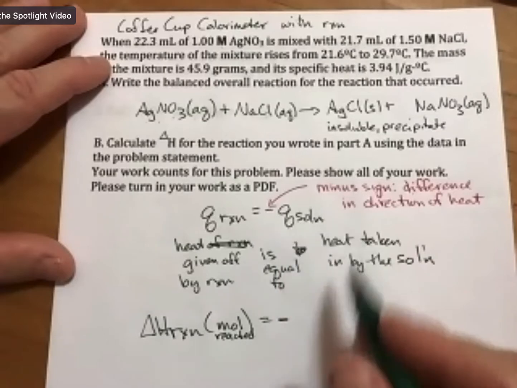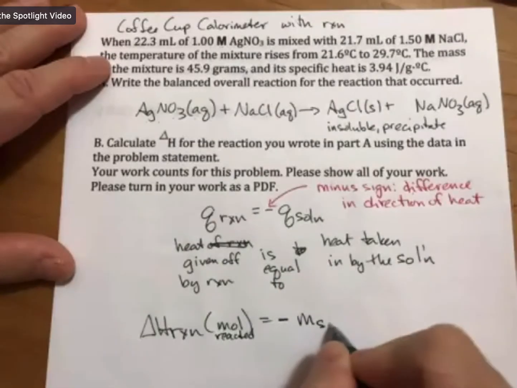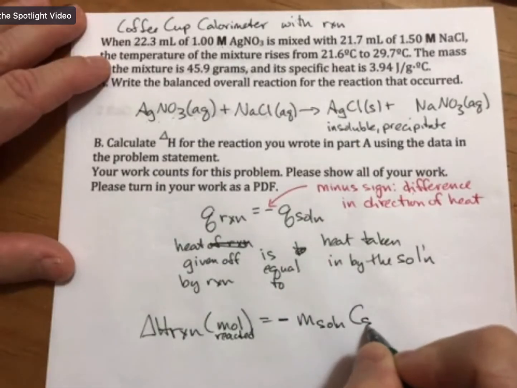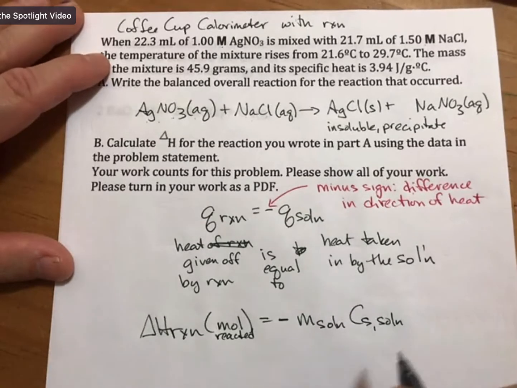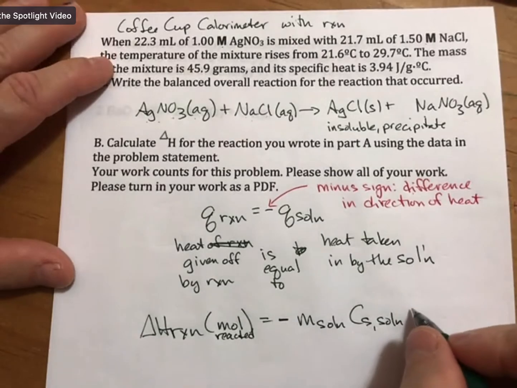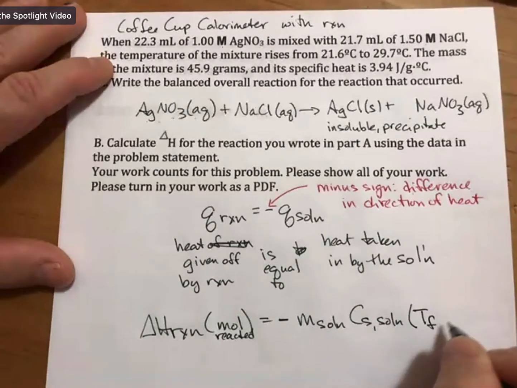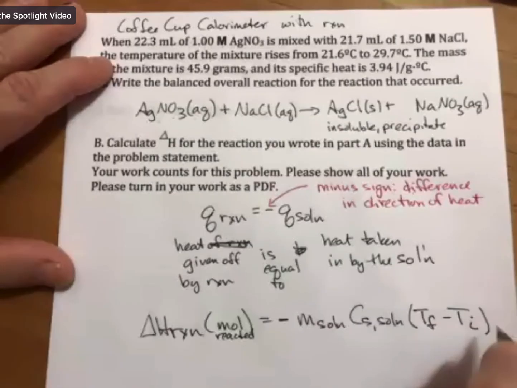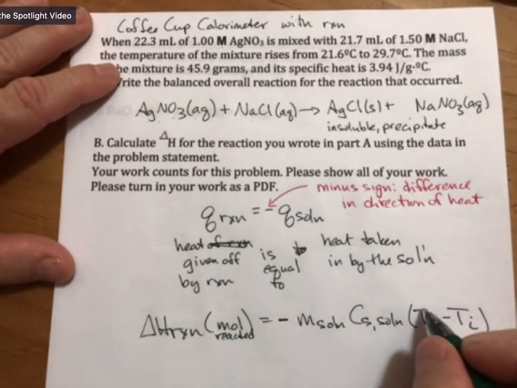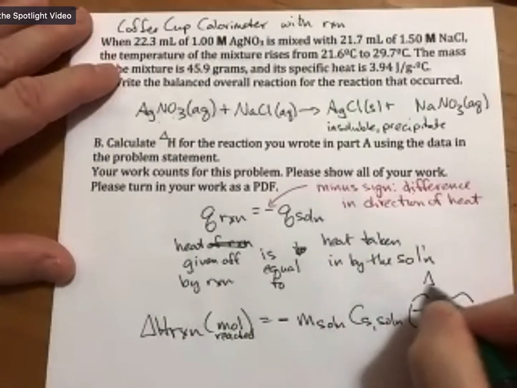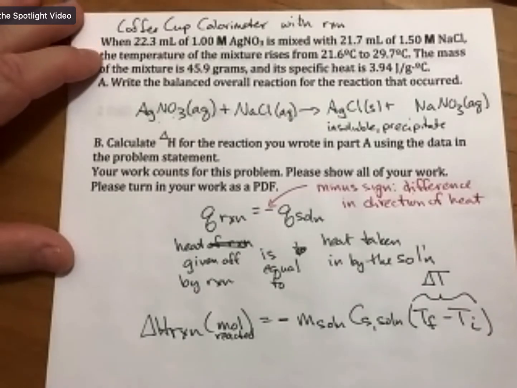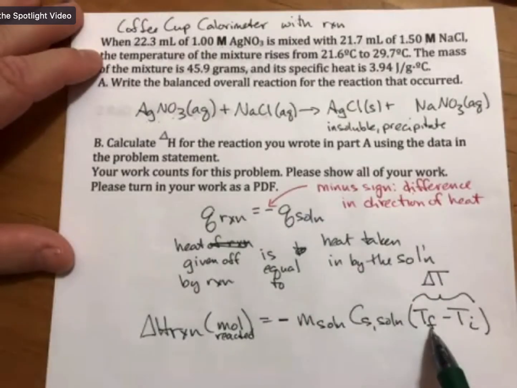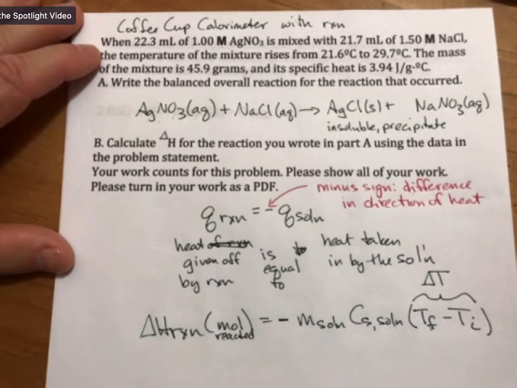And Q solution equals mass of solution times specific heat of solution times, well, it's delta T, but delta T equals T final minus T initial. So this last term here is also sometimes called delta T. But because we have a T final and a T initial, I wrote it out explicitly.